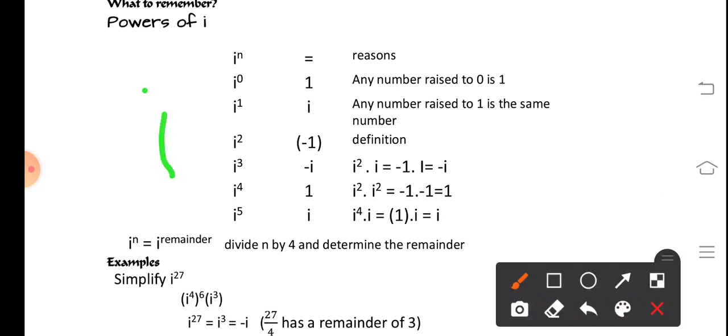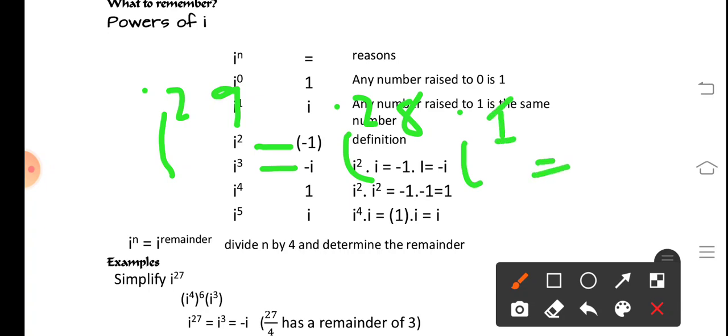If we're going to divide 29 by 4, the answer is 7. 7 times 4 is 28. So the remainder is 1. So the result is i.